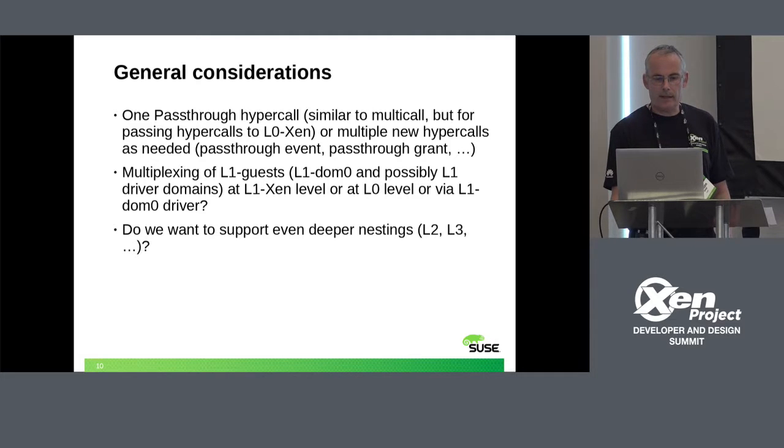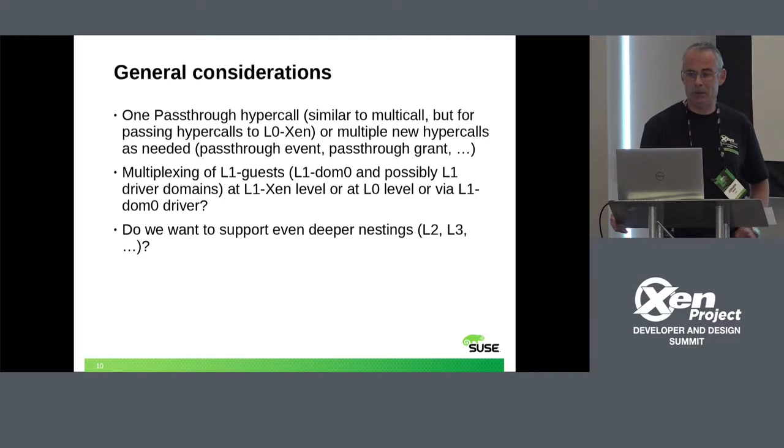The next thing is, if we want to support level 1 driver domains, there needs to be some kind of multiplexing of level 1 guests down to level 0, because, for example, events need to be delivered to driver domains from level 0 to level 1, not only to Dom0. We need access to Xenstore in multiple domains at level 1.